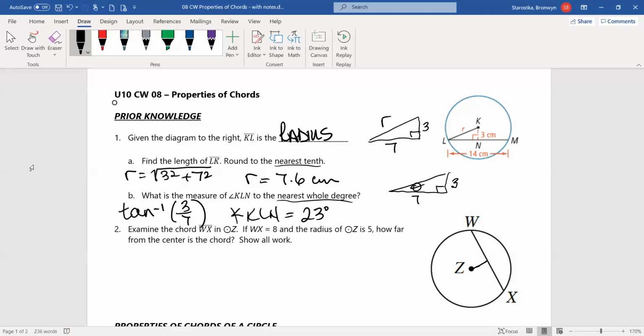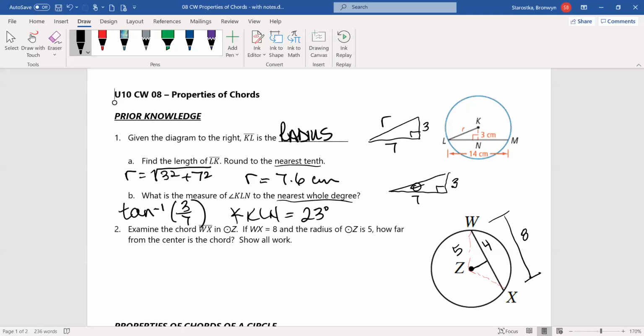Well, on these diagrams, you're going to have to sometimes draw in parts that aren't there. And so if we draw in our radius, we know each radius is 5, and this whole length here is 8, and we can cut that in half, and that is 4.